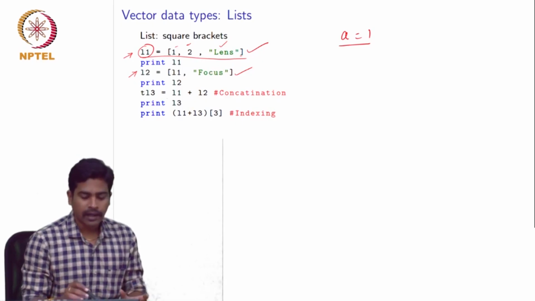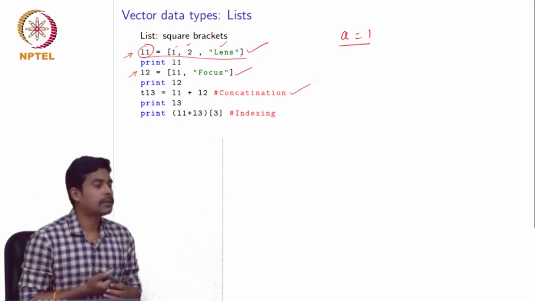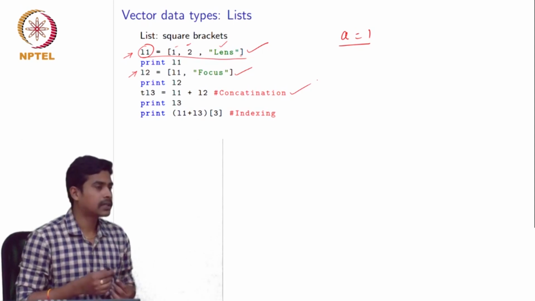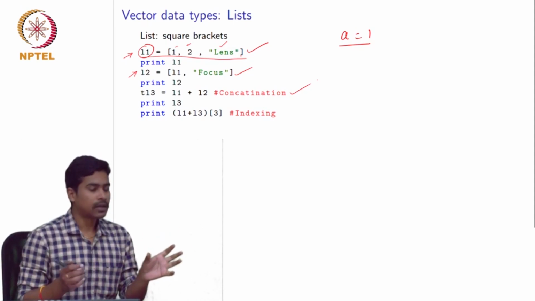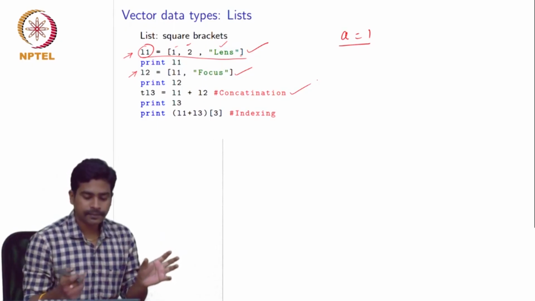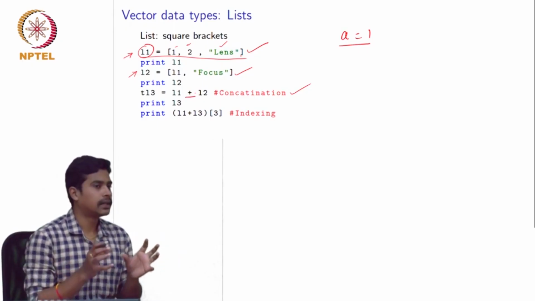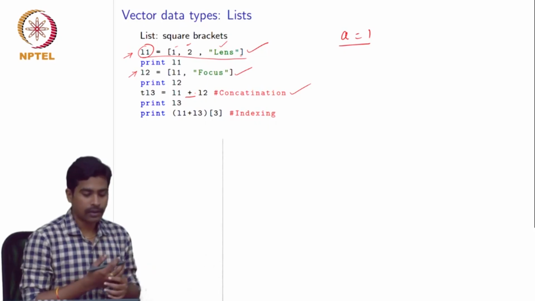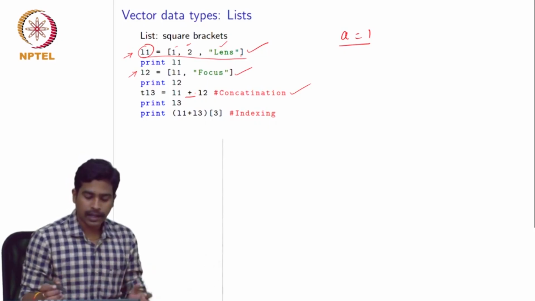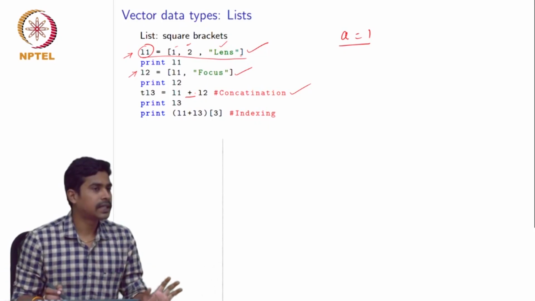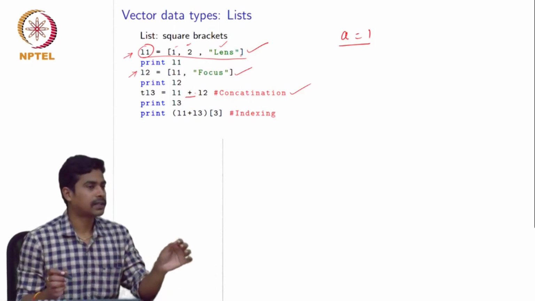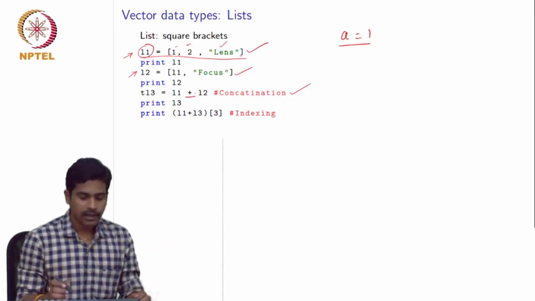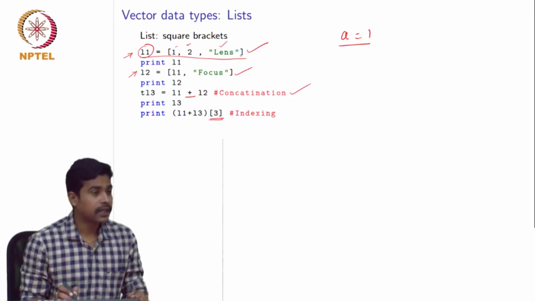Okay, and there are some of the commands or some of the operations that we can do on lists. For example, if we have two lists L1 and L2, we can use this plus operation to join these two lists. And just like we have seen in the last lecture, if you want to address a string, if you want to find the first element or second element in a string, we use this notation.